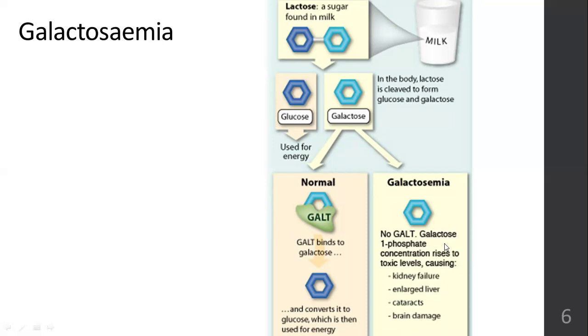So your kidneys, liver, eyes, brain, wherever this galactose rich blood is reaching through circulation, all those areas will undergo inflammation. Today's topic is inborn errors of metabolism. So that is galactosemia.